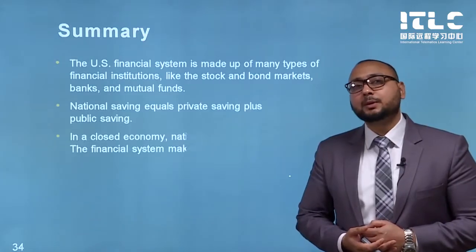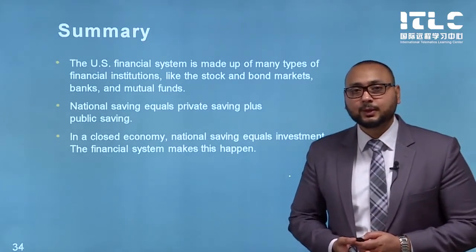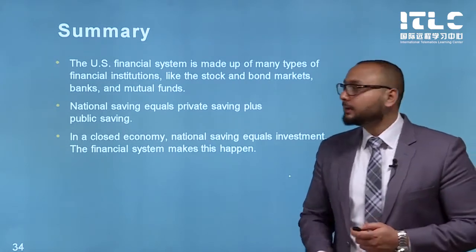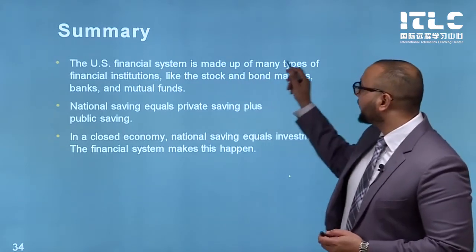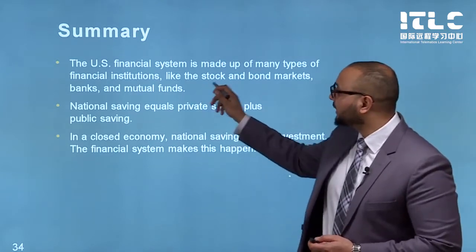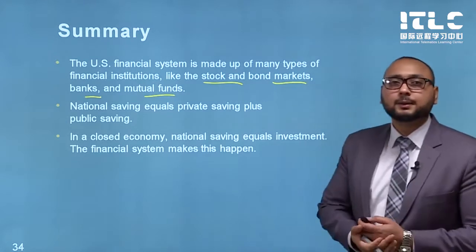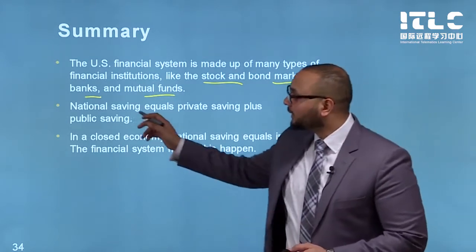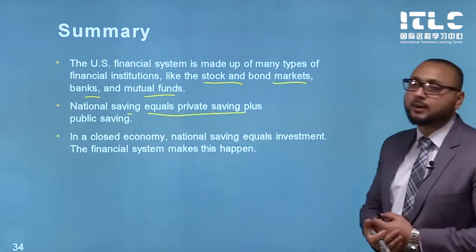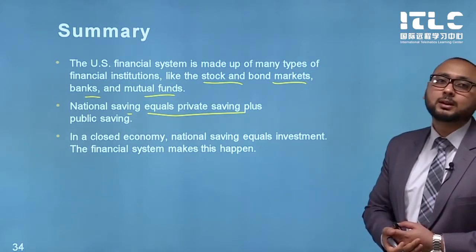So the summary of this chapter is that the financial system is made up of many types of financial institutions like the stock market, bond market, banks, and mutual funds. And then we discussed that national saving is equal to private saving plus public saving.